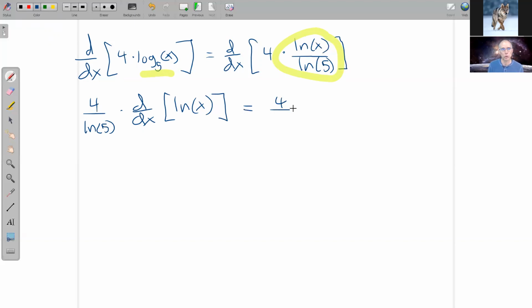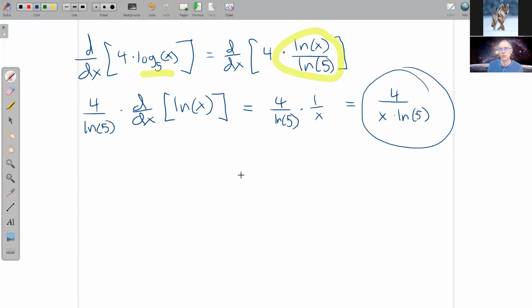So then I get 4 over natural log of 5 times 1 over x, which could be written as 4 over x natural log of 5, or natural log of 5 times x. The order you multiply doesn't matter, but that would be, oh, I missed something here. Oh, no, that's it, yeah. That's the derivative.